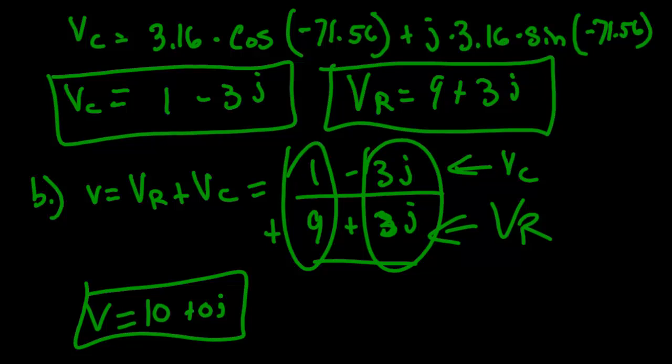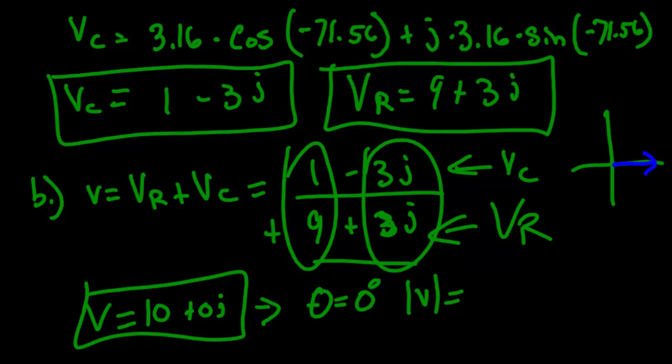And then it also asks us to find the polar form of this. Well, this is easy now, right? Because there's no imaginary component, it's all along the real axis, correct? So our angle equals 0, and our magnitude of V equals what?